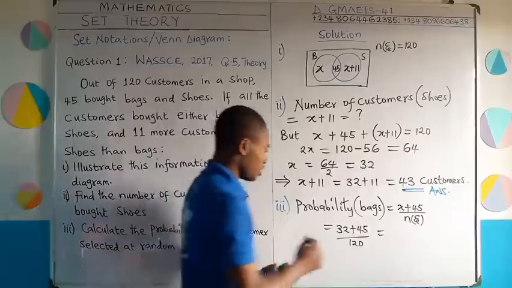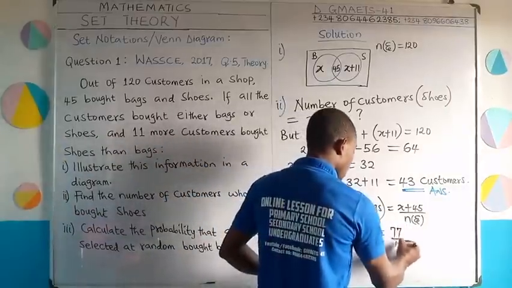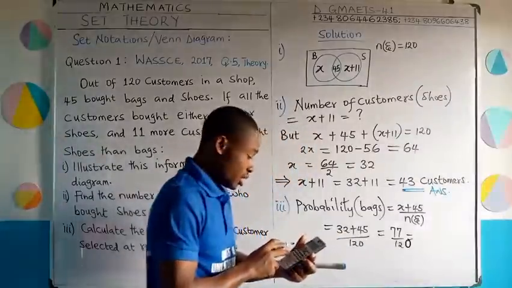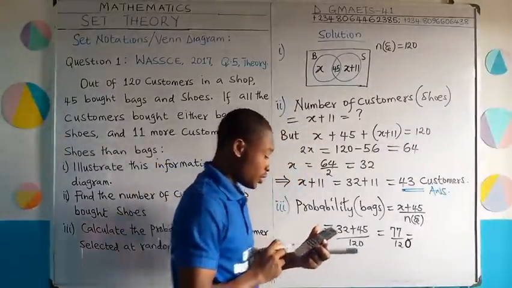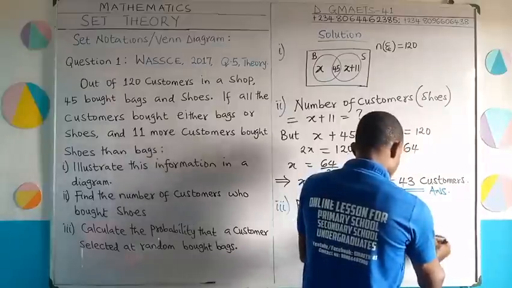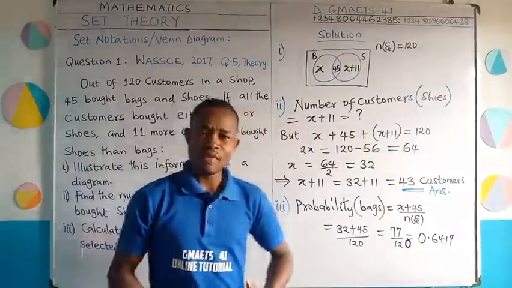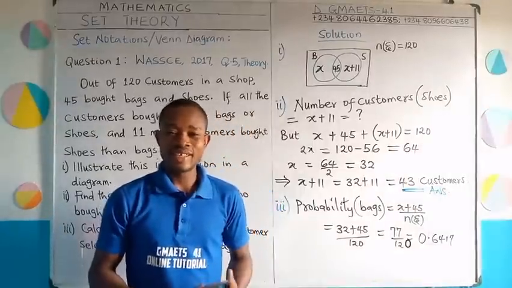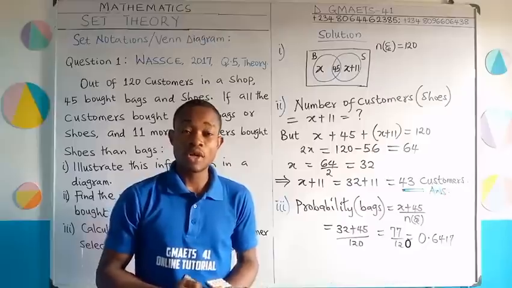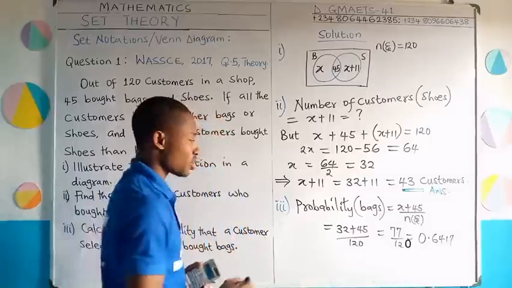This will give us 77 over 120, which is equal to 77 divided by 120, the result, 0.6417 approximately. If you're solving something theoretically, it is usually advisable to leave your answers in 4 decimal places, okay?